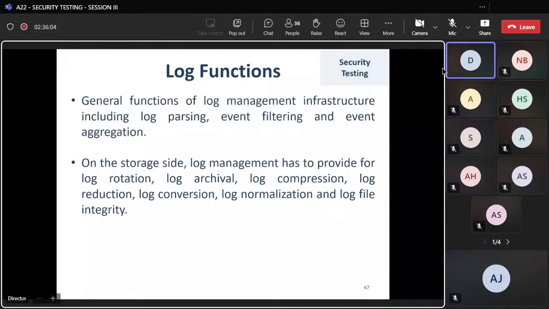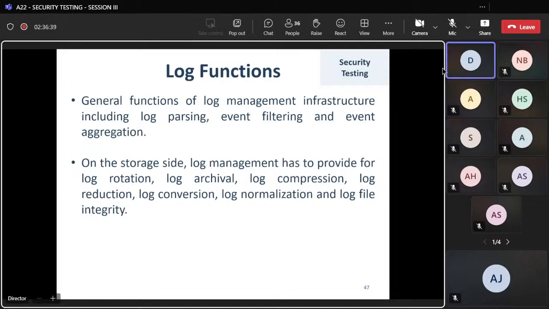And on the log management side, on the storage, you can think about the log rotation. What is the retention period that is required for these particular logs? 30 days or 60 days or 90 days, even 6 months or 1 year. Until then, the logs will be available, and after the period expires, the logs will be rotated on a rotation basis. Then archival, compressing the logs and then archiving and storing them in offsite storage.